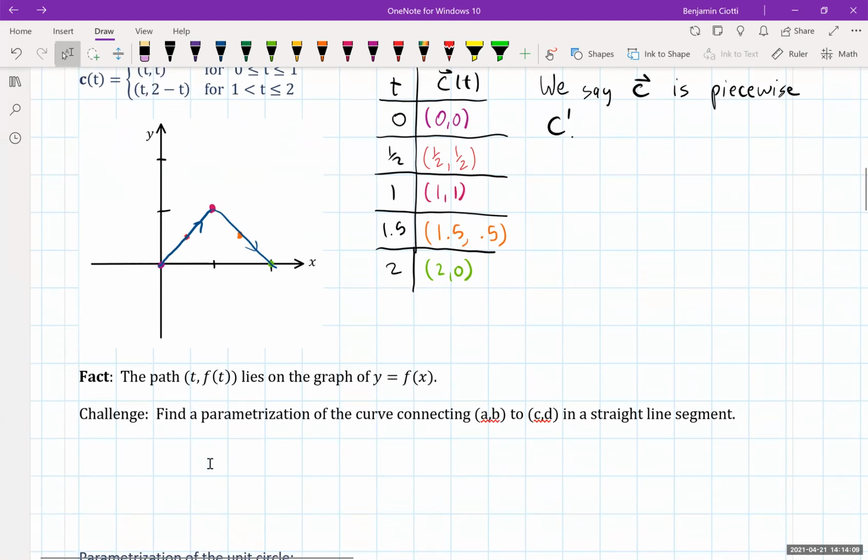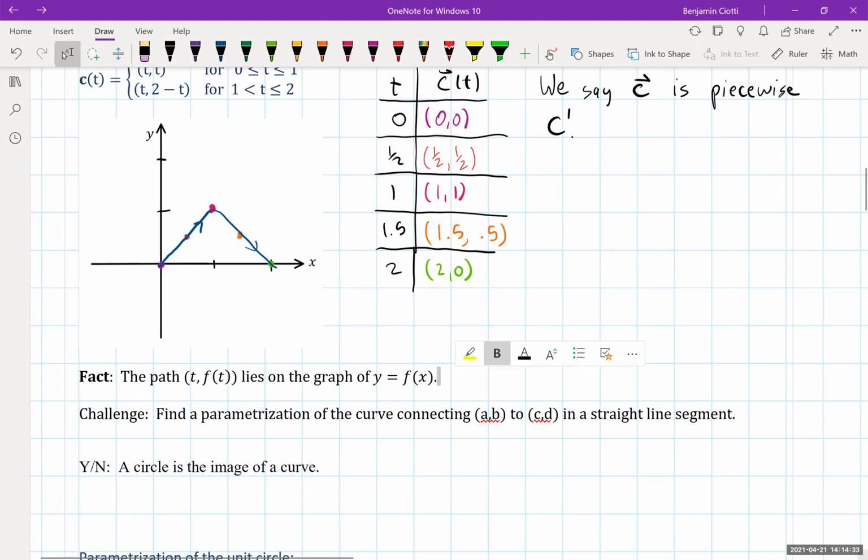And let me ask the class a yes or no question. Yes or no? A circle is the image of a curve.